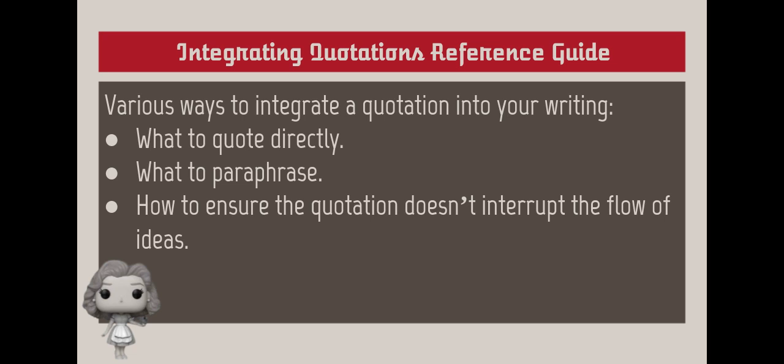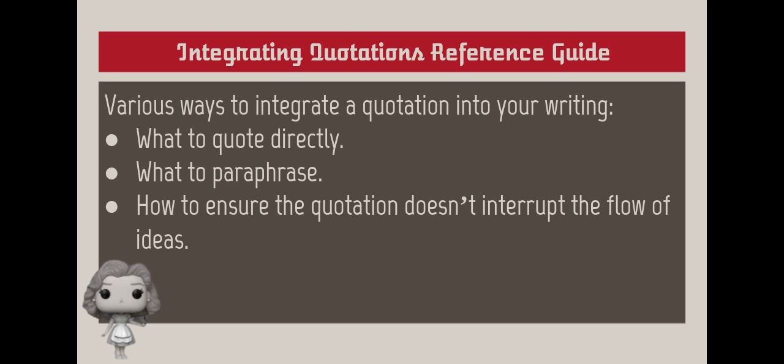Now you are going to review the Integrating Quotations reference guide. I want you to note the various ways to integrate a quotation into your writing. In particular, be sure to consider what to quote directly, including where to stop and start the quotation, what to paraphrase, and how to ensure that the quotation doesn't interrupt the flow of ideas.